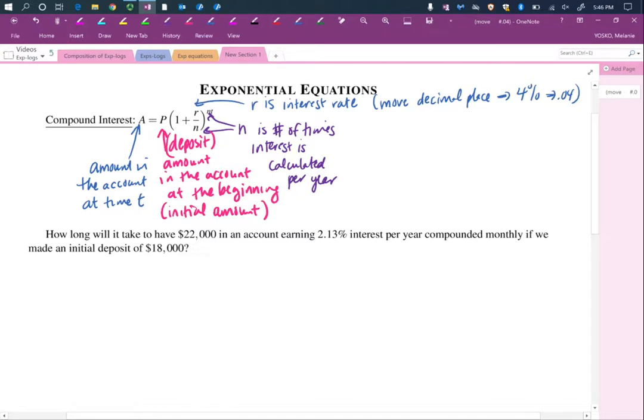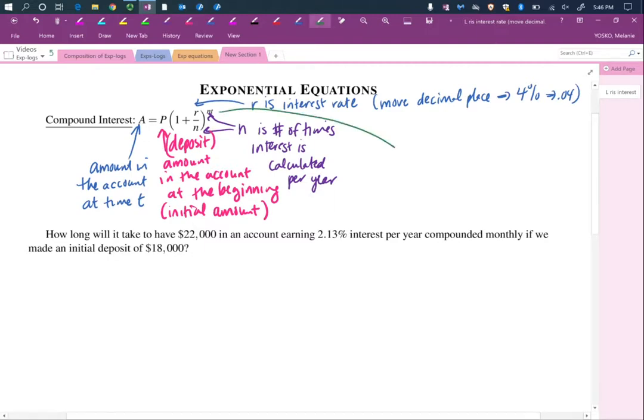And just to give you a little bit of information, if interest is calculated every month or compounded monthly, then N is 12. If the number of times interest is compounded is weekly, so compounded weekly, N equals 52.